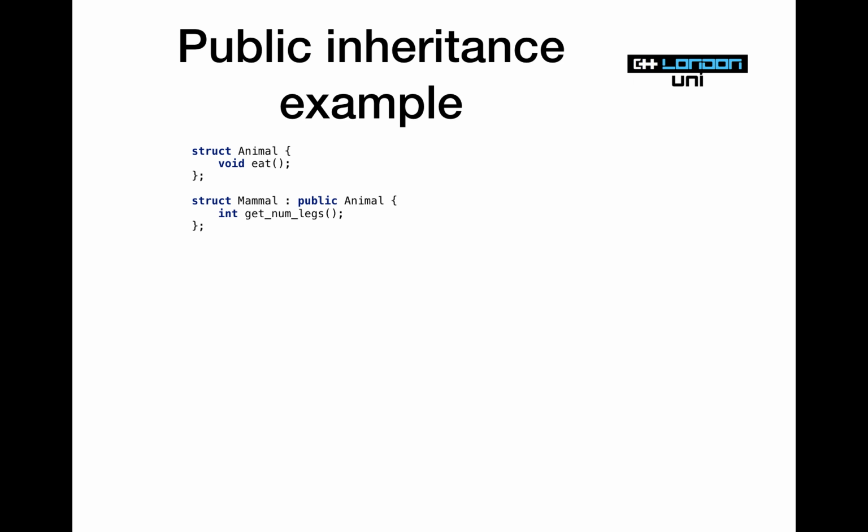And then we've got this member function called getNumLegs, because apparently I forgot that whales and dolphins are mammals when I wrote this. Well, they could just return 0, right? Anyway. And then we've defined another kind of animal called a bird, which has another member function called flap wings.